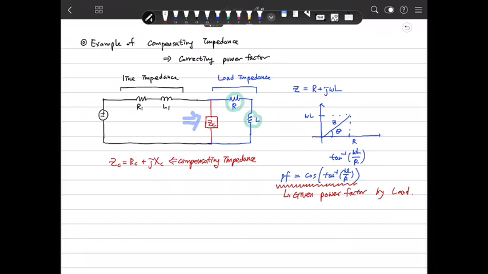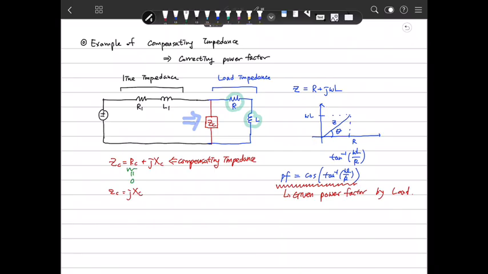So we do not want to consume power in the compensating impedance. We do not want to consume the energy. So RC is 0. Therefore, ZC can be modeled as jXC.